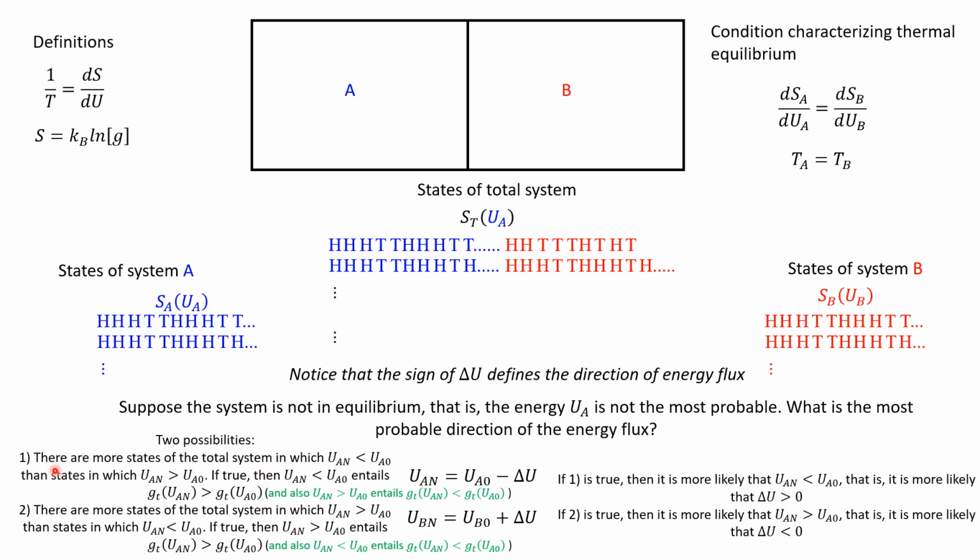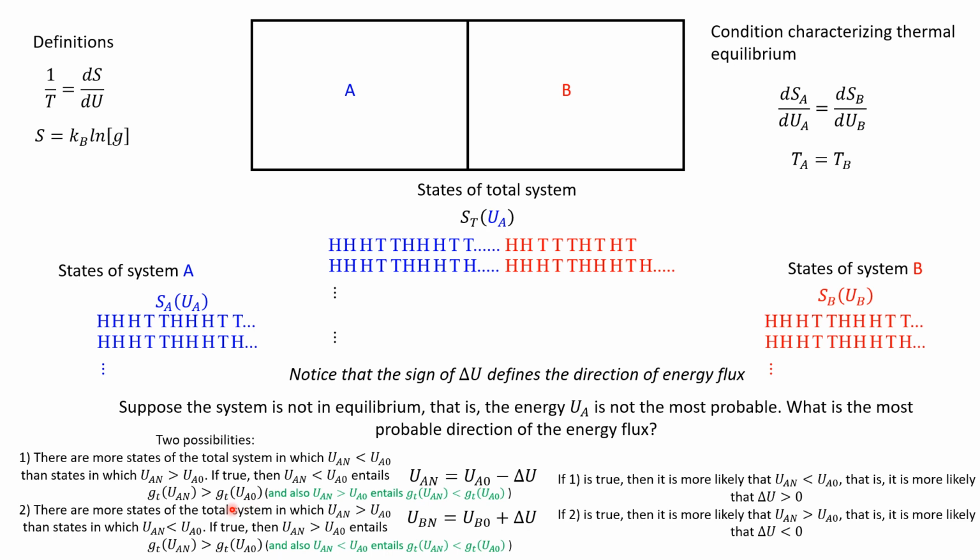So for example, if it turns out that the first possibility is true, then this condition, new energy lower than the initial energy, entails that the multiplicity of the total system evaluated at the new energy, in other words, the number of states of the total system in which system A has the new energy, will be larger than the multiplicity evaluated at the initial energy.